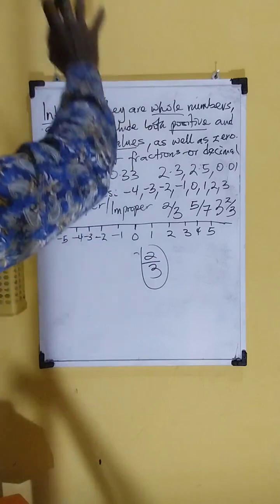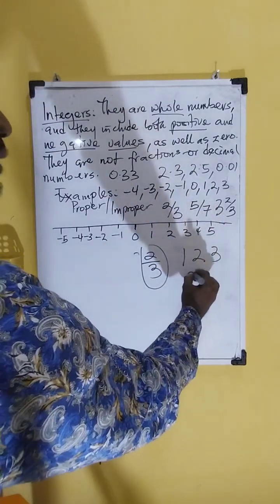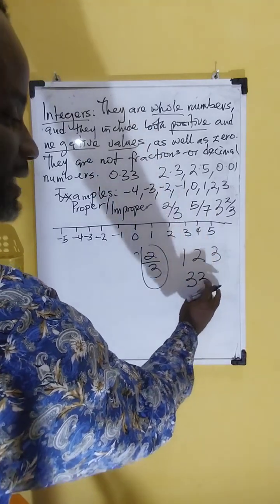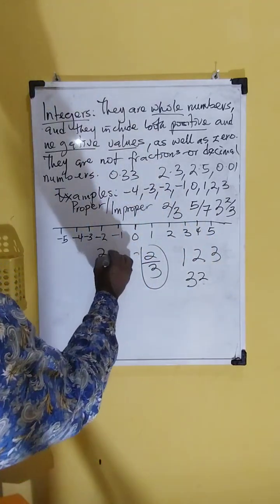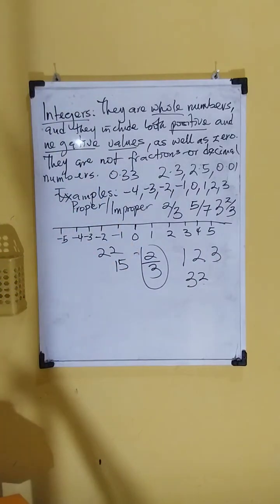Integers are just whole. They are just 1, 2, 3, maybe 22, 32, for example, and 22, 15. These are whole numbers. It continues like that. Did we all get that?